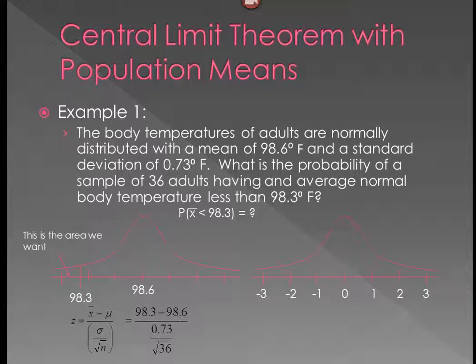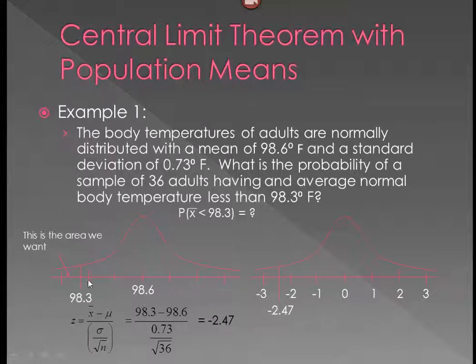As we plug our values in, notice that the 98.3 is entered. We subtract the mean body temperature 98.6, and we divide by, remember to use parentheses, 0.73 over the square root of 36, and close those parentheses off. See, we're at negative 2.47. So, on the standard normal curve, we're almost 2.5 standard deviations away from the mean.